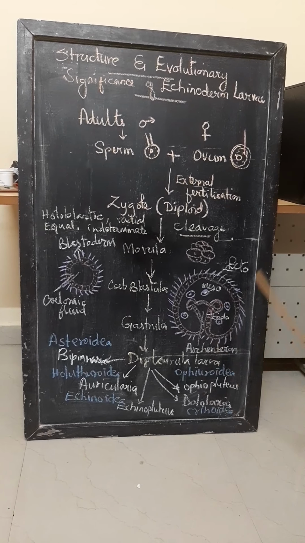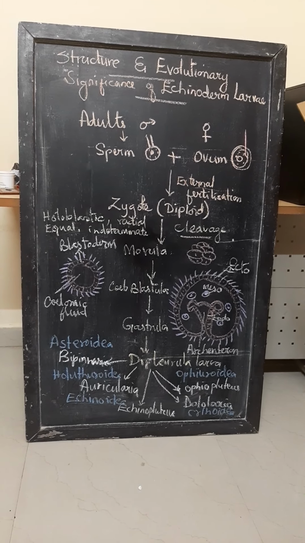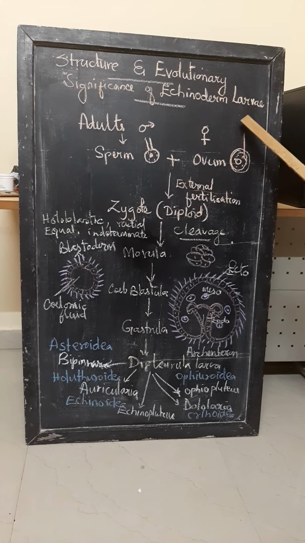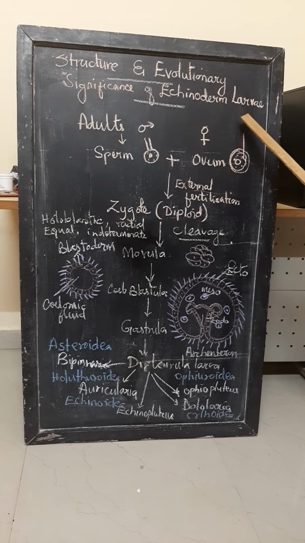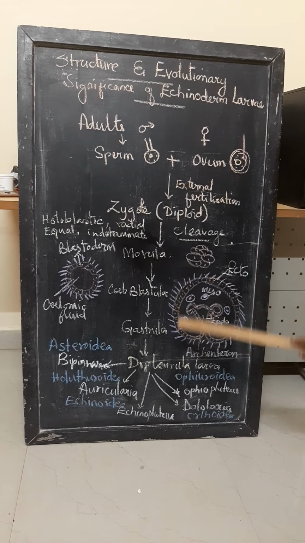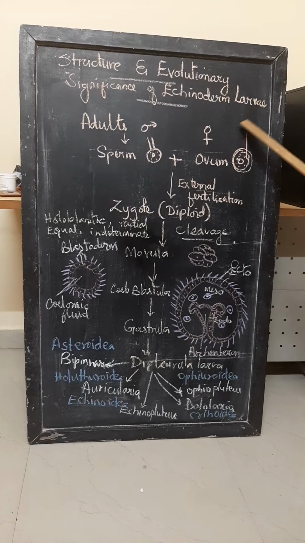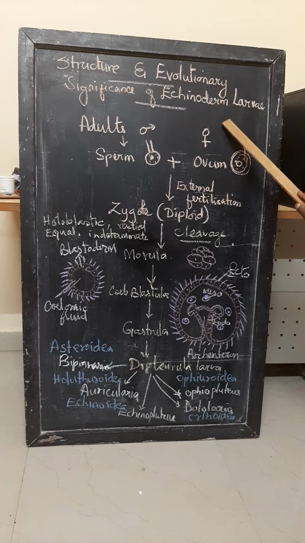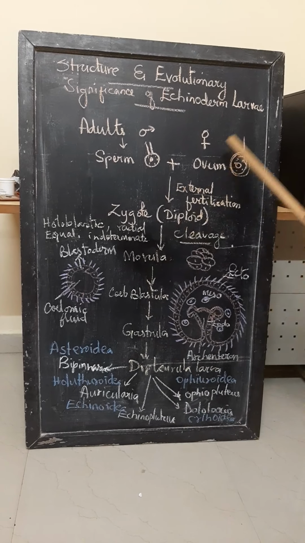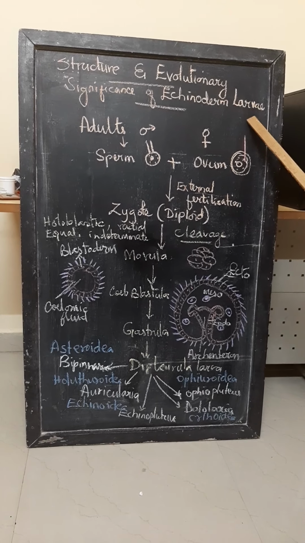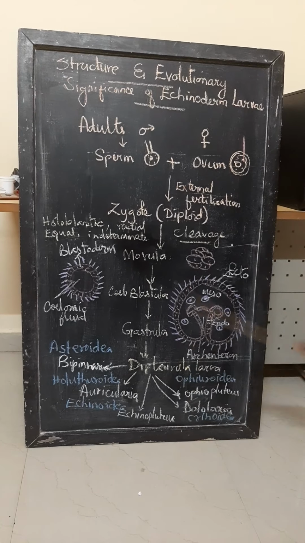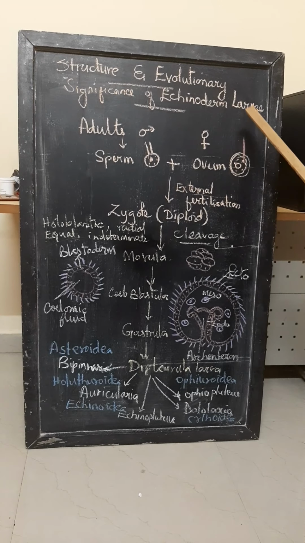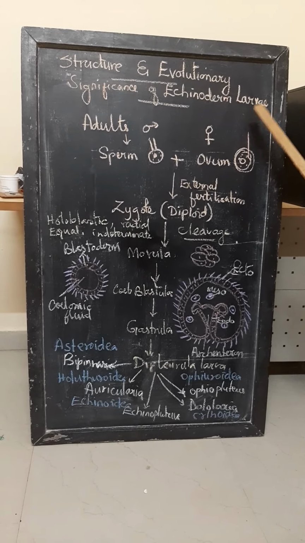Thereby, the larvae of echinoderms are generally called primary larvae. So remember, primary larvae are those larvae which don't show any of the adult characters in their larval forms. Primary larvae are found in the echinoderms. So this is the general introduction related to the formation of echinoderm larvae.